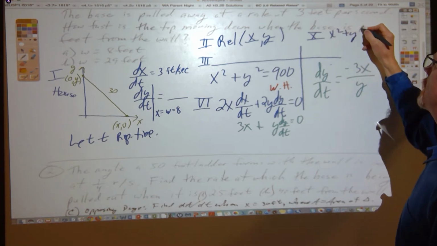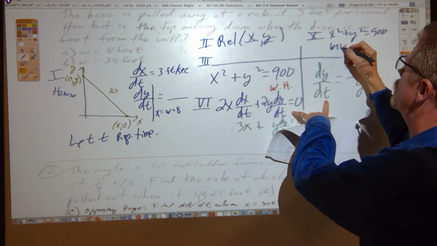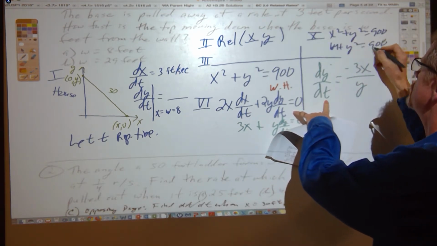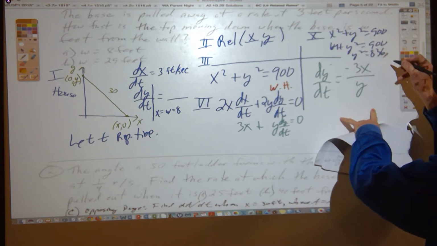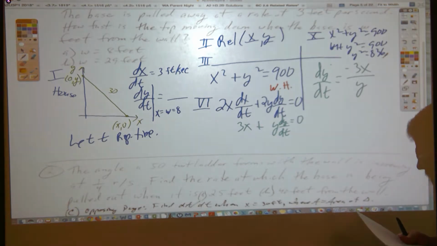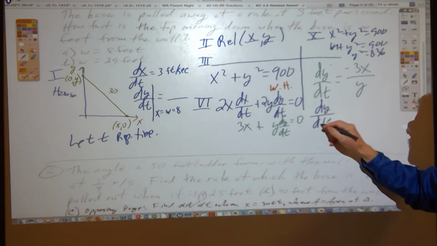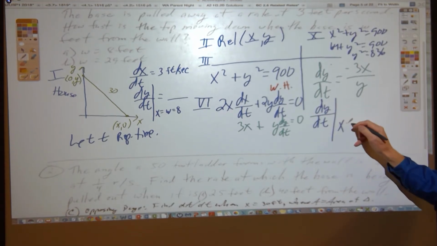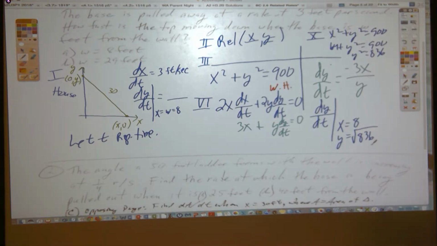So in Roman numeral 10, we do some scratch work. x squared plus y squared equals 900. So when x is 8, that's 64 plus y squared equals 900. Subtracting 64 from both sides gives me 836. And the square root of 836, I'm just going to write it as the square root of 836. So now I have to evaluate dy/dt when x is 8 and y equals the principal square root of 836.